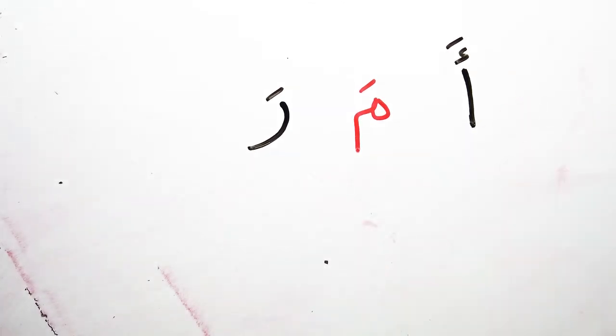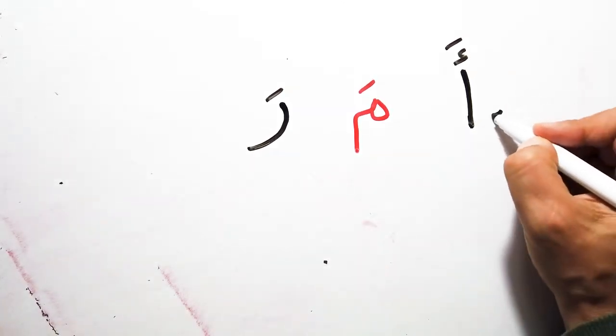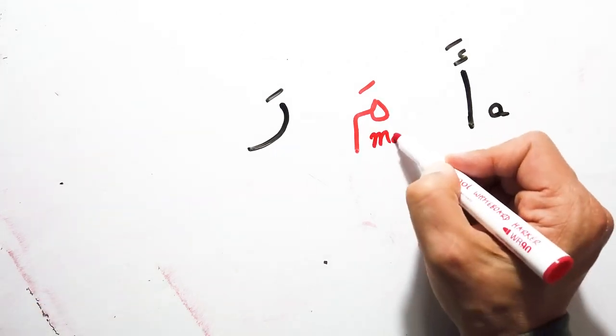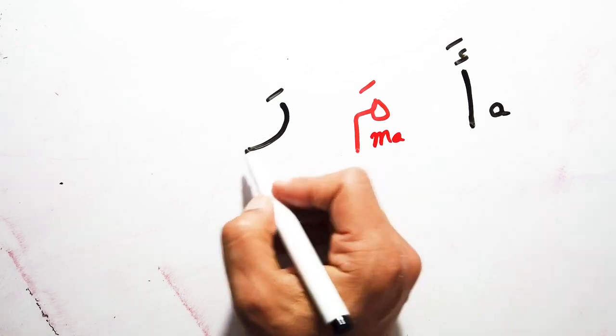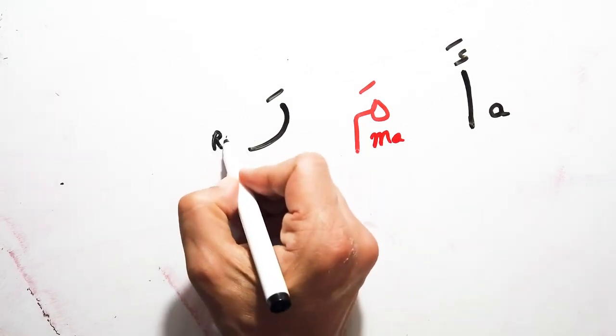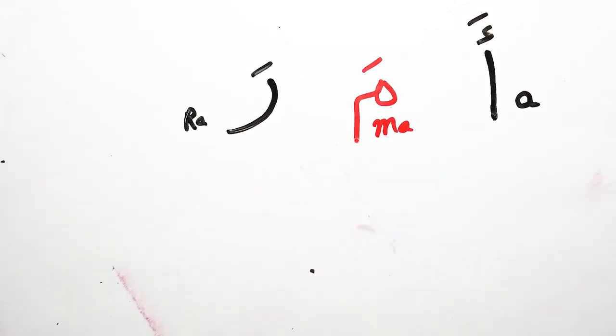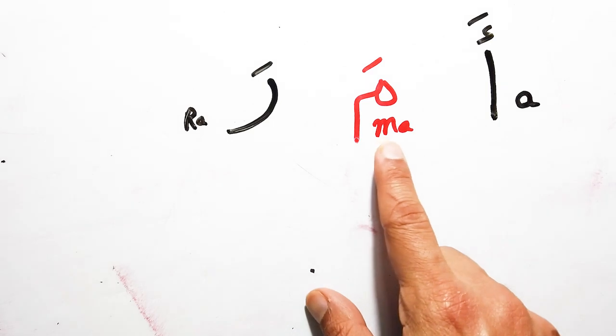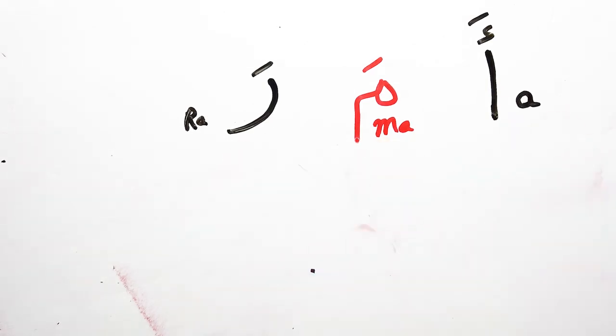Again. So that one is like me, and this one is like ra. Sorry, my English is a little bit rusty, so I'm gonna train it with you guys, okay? So we have here me, ra. Let's connect them.